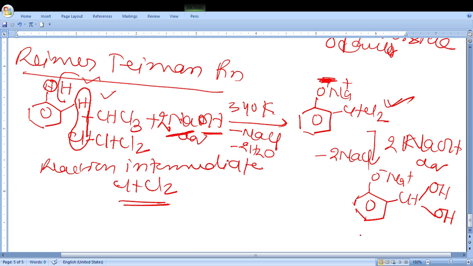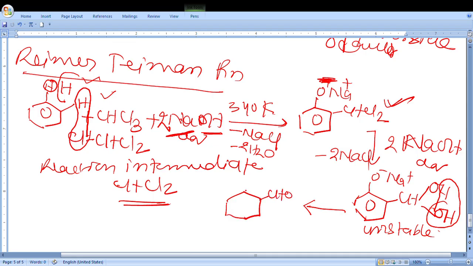And because two OH cannot remain on the same carbon, it is an unstable compound. This unstable compound will get decomposed to form CHO, O negative and Na positive. One water molecule will be removed.